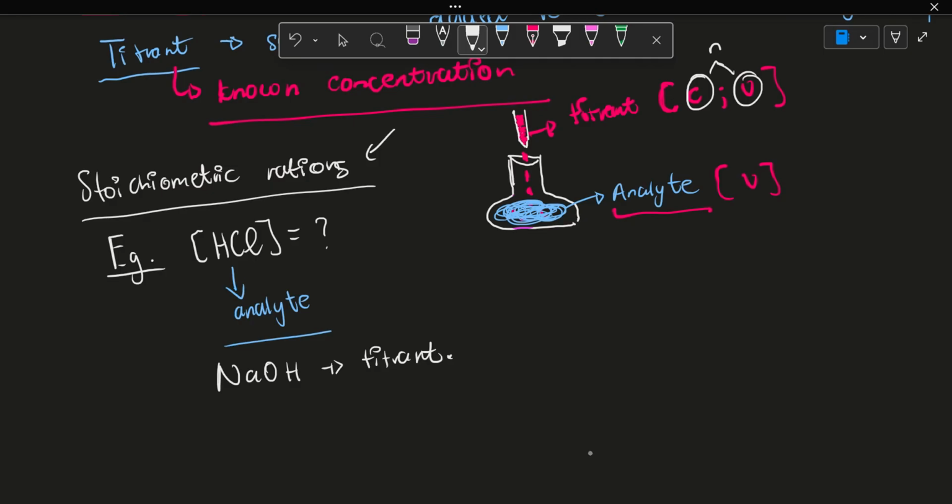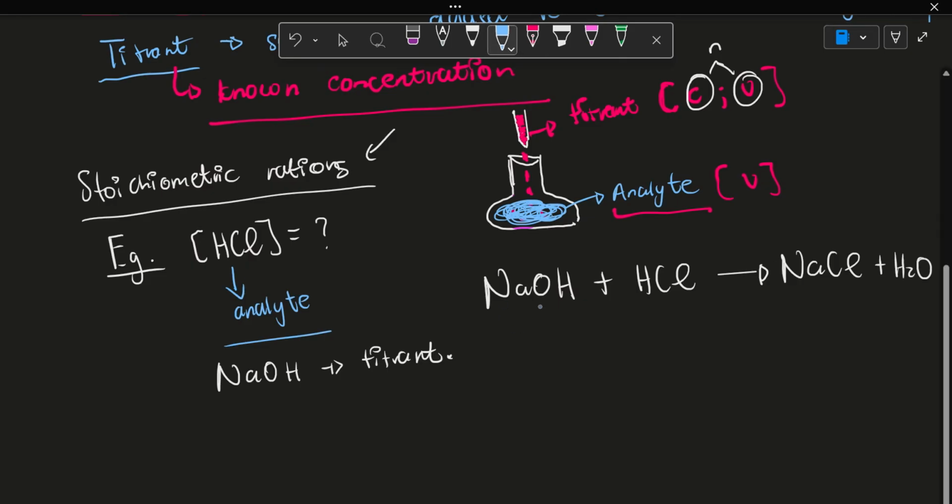So you would have a typical reaction of sodium hydroxide with hydrochloric acid, and you would get something like this: first to second, second to first. So that gives us sodium chloride plus water.